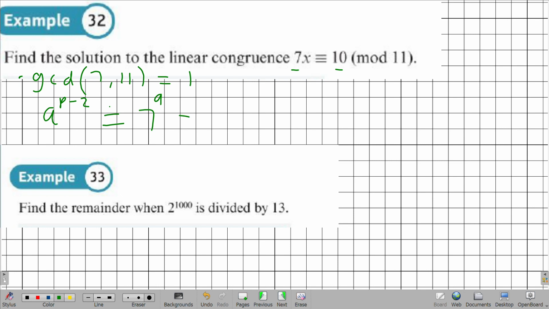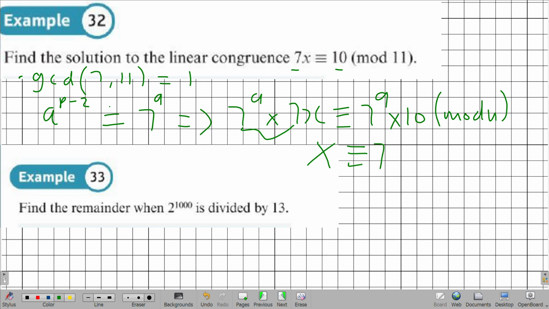So what are we going to do? We are going to multiply 7 to the power of 9 times 7x, which is congruent to 7 to the power of 9 times 10 under mod 11. So these two cancel each other to give us x is congruent to 7 to the power of 9 times 10 under mod 11.